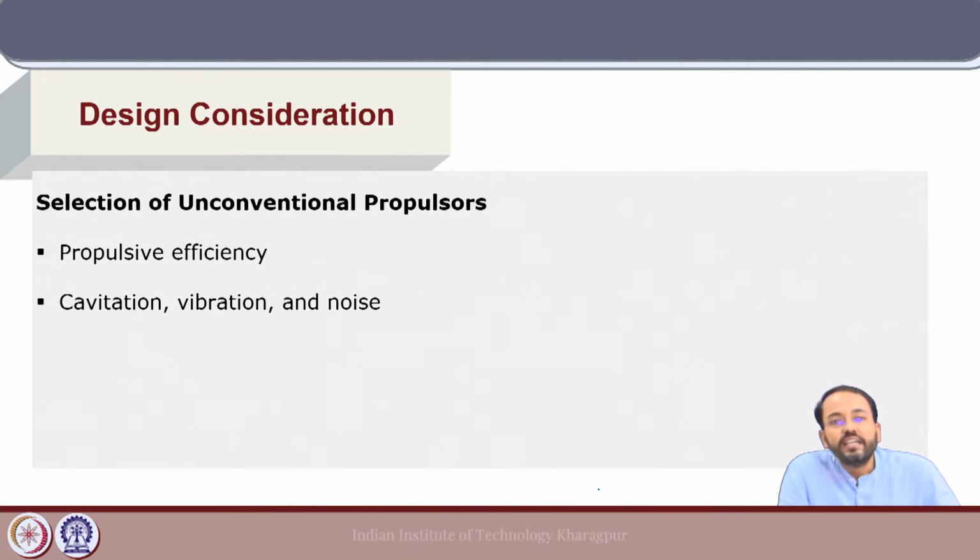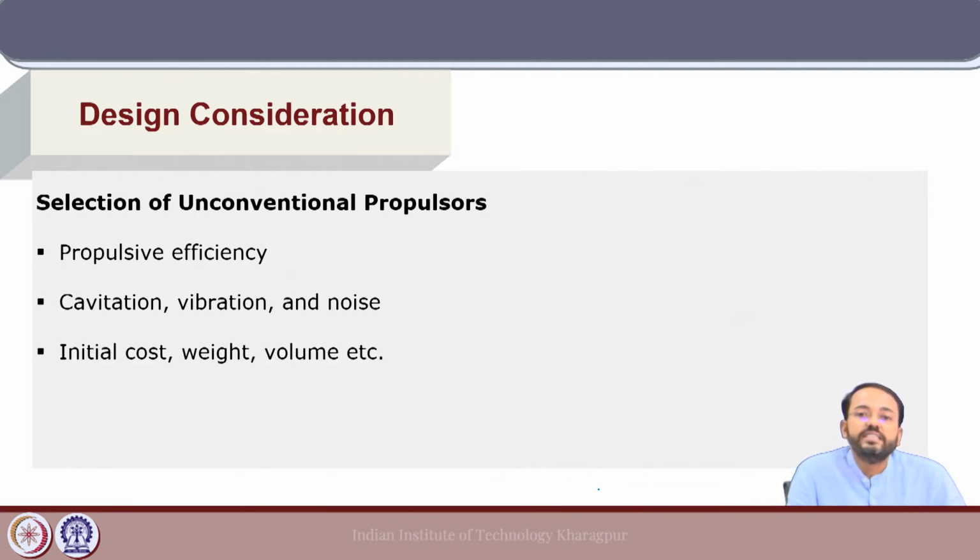Next, cavitation, vibration and noise. Different propeller types and also these unconventional propulsors, depending on the operation condition, have cavitation, noise and vibration characteristics based on the flow properties, and these need to be checked before these configurations can be applied for specific vessel types.